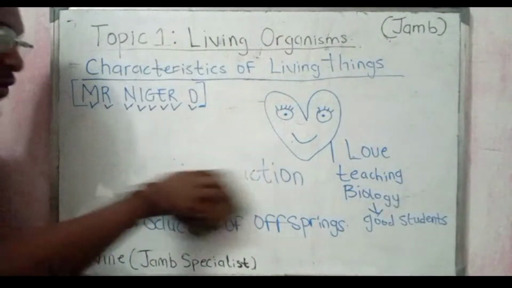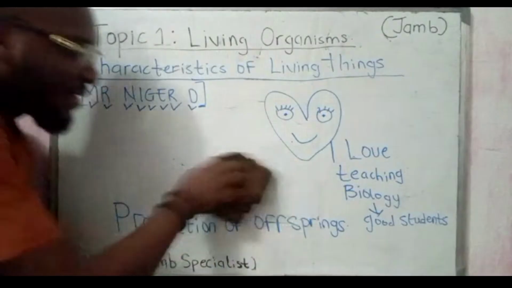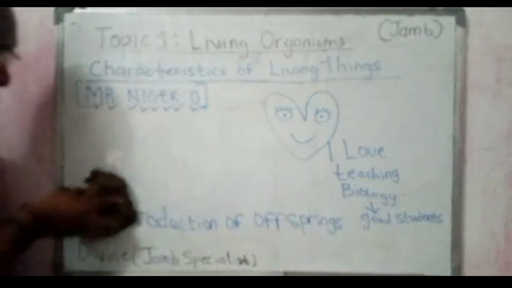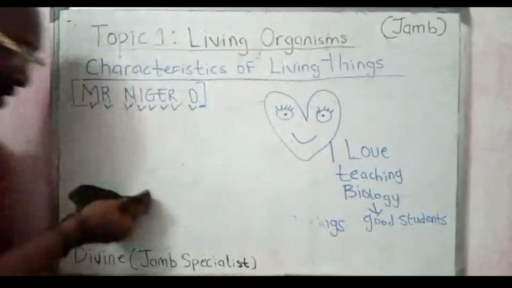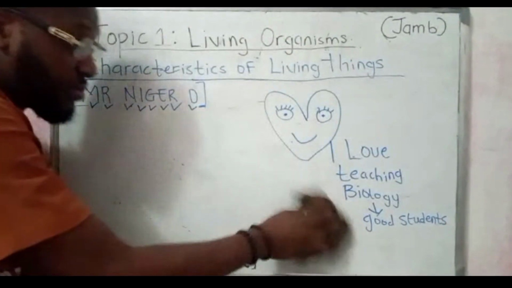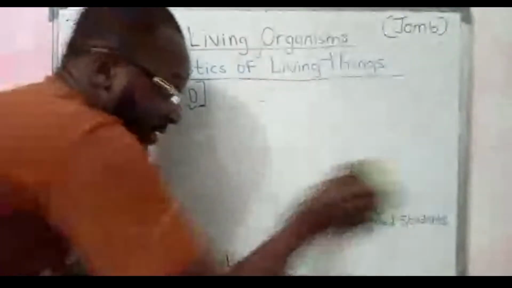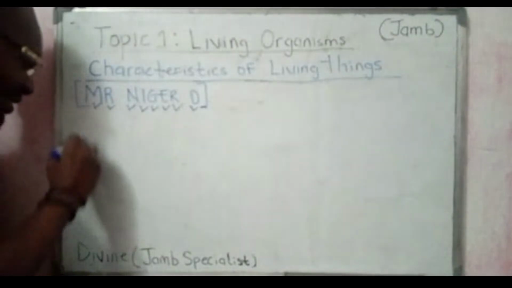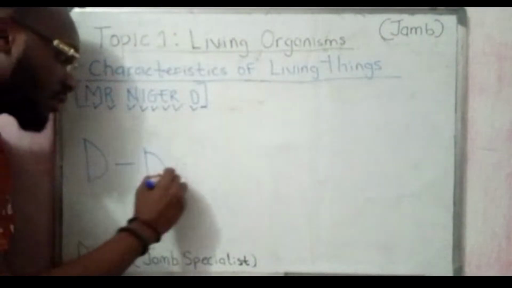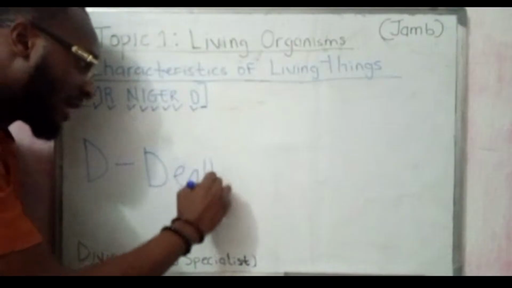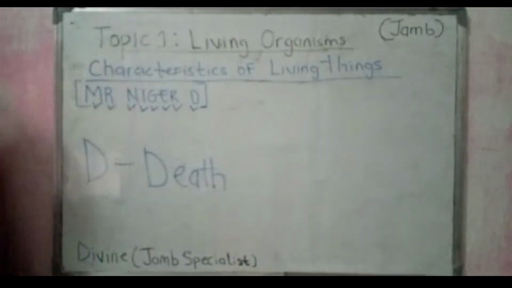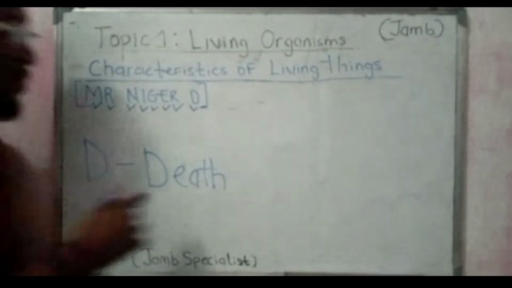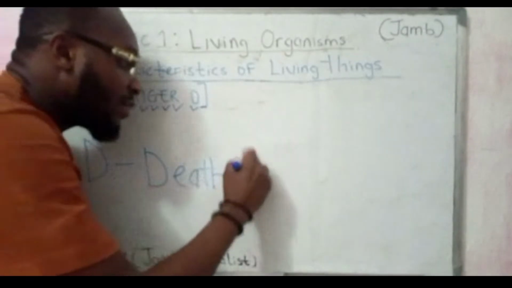Everybody wants to go to heaven, but nobody wants to die. So the last one, D, is death. You want to go to heaven, but you don't want to die. How is it possible? Death is the end of life processes.